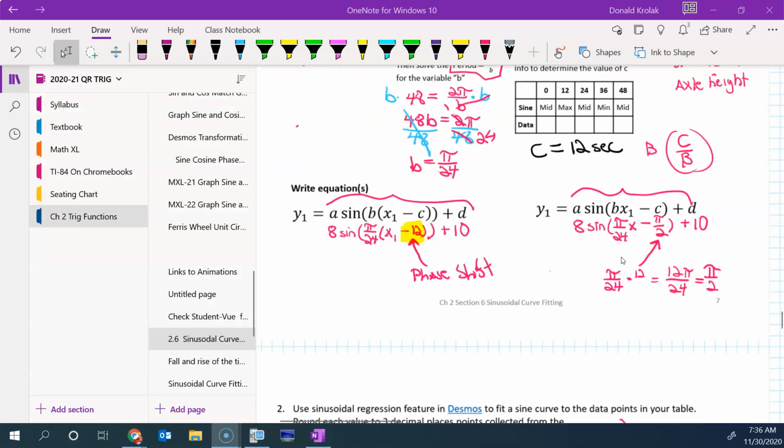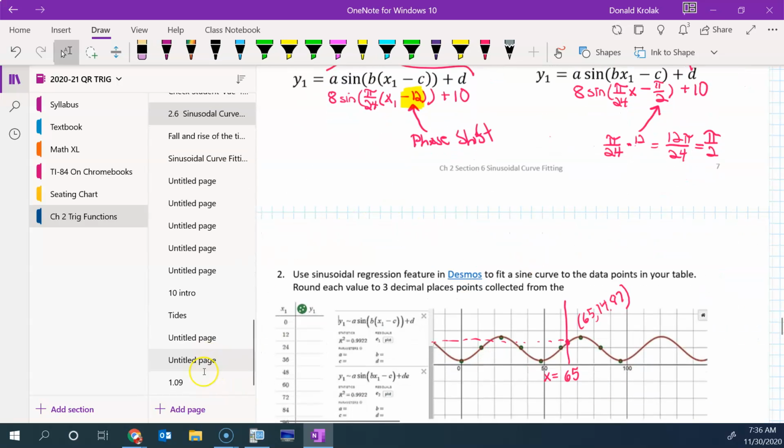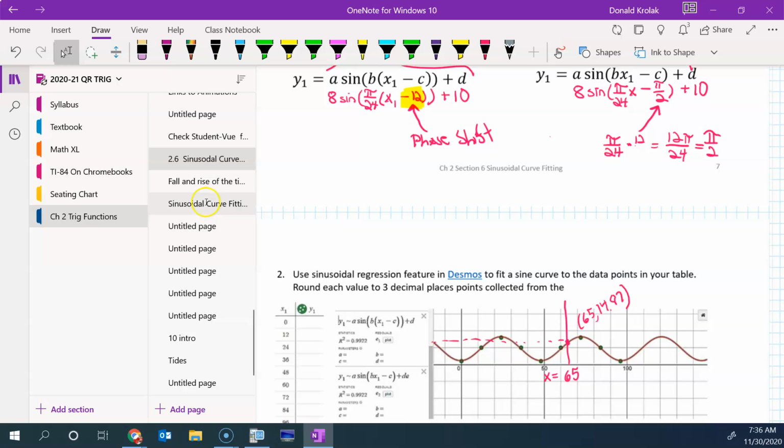When it's written in this form, C is the phase shift. When it's written in this form, the phase shift is actually disguised. It's the frequency times the phase shift. Okay, so it's kind of disguised. All right, so that's something you got to keep in mind as we're doing this.